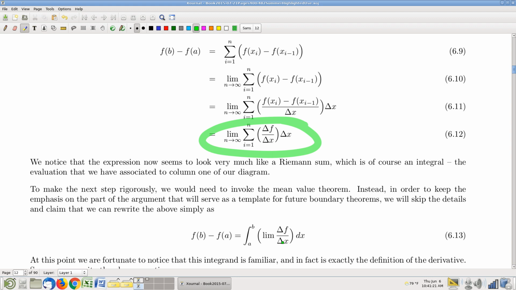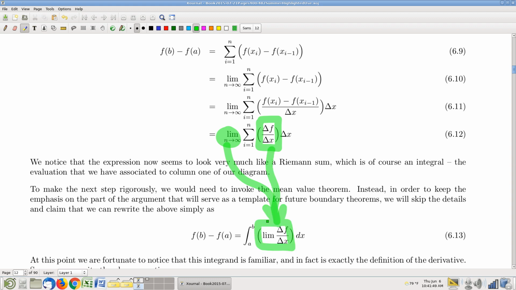Those of you who might become math majors, when you take a real analysis course, then this will be treated much more carefully than what I'm about to do here. But I think it's plausible and perfectly appropriate in this context that, look, we're taking a limit here, and so even though delta f over delta x is the actual integrand, I need for this limit, you might say, to pop inside of the summation.